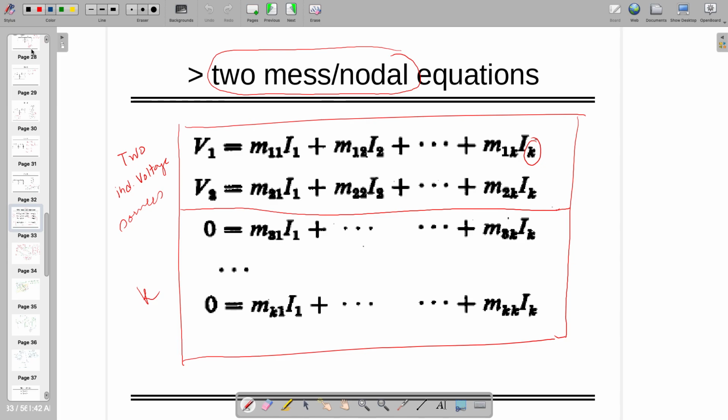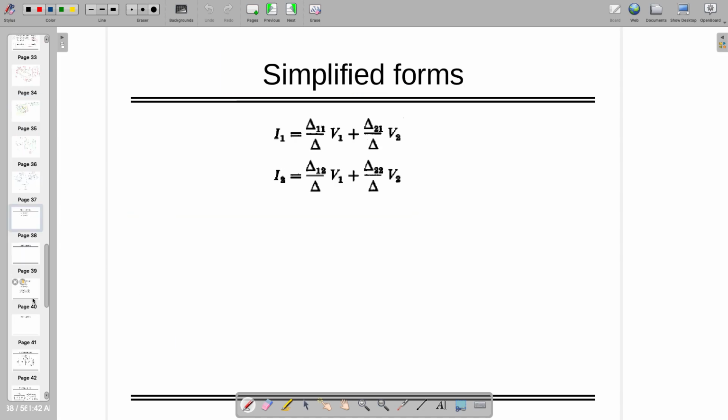It might be Z, Y, or other parameters. So what I am defining here, I1 will be equal to delta 1 1 divided by delta, and we understand what delta is. Delta is the determinant, and something delta ij.